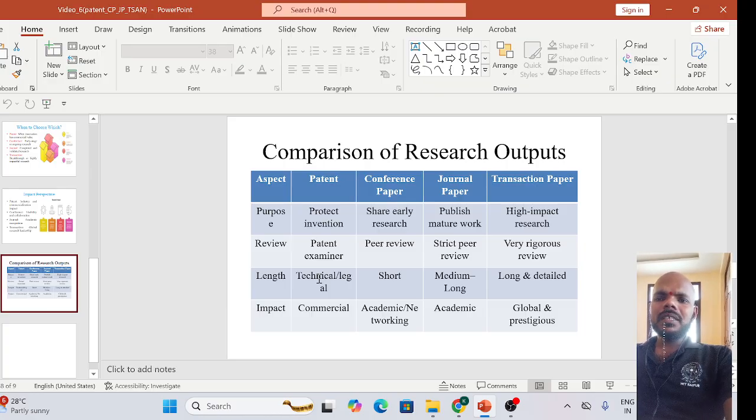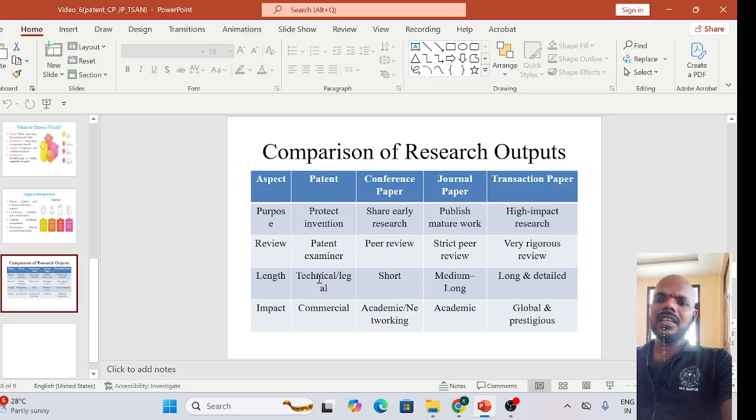Journal paper means where the smartphone is applicable, like taking photos, playing games, installing applications. You show the implementation of those things in a smartphone, and your results are also validated against existing smartphones.